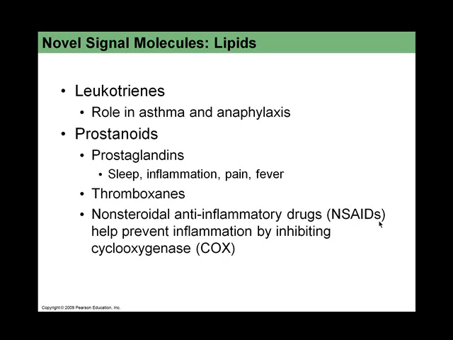So the NSAIDs, non-steroidal anti-inflammatory drugs, typically are COX or cyclooxygenase inhibitors. Some can inhibit only COX-1 or only COX-2, or some are more general and they inhibit both of them, and they help to prevent inflammation. So acetylsalicylic acid and aspirin, ibuprofen and Motrin are a couple of examples.